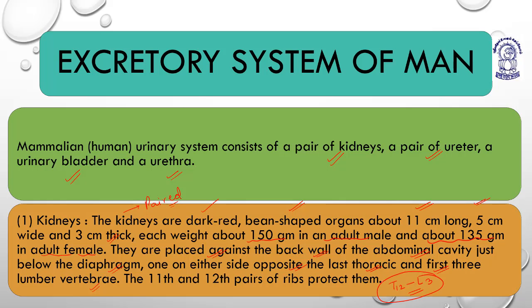The 11th and 12th pair of ribs protect them. These 11th and 12th pair of ribs are floating ribs.